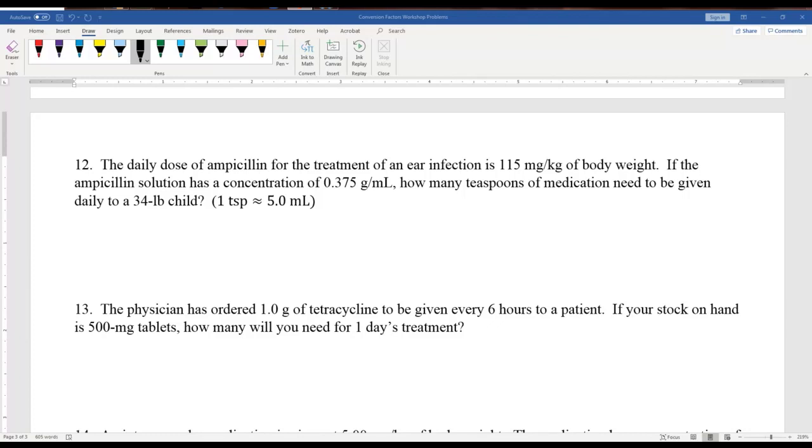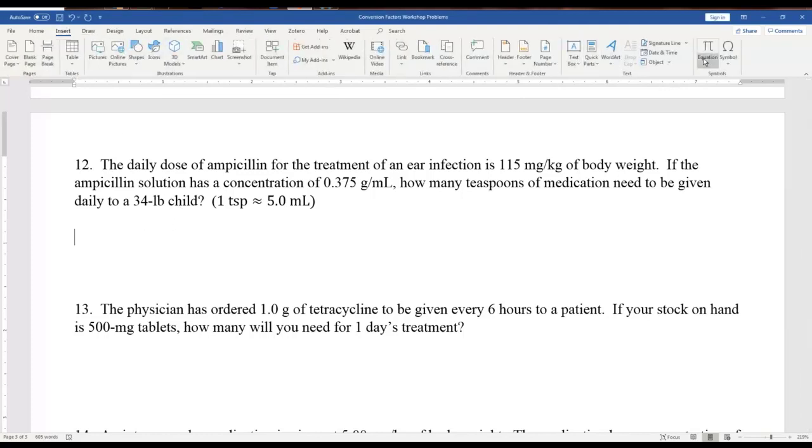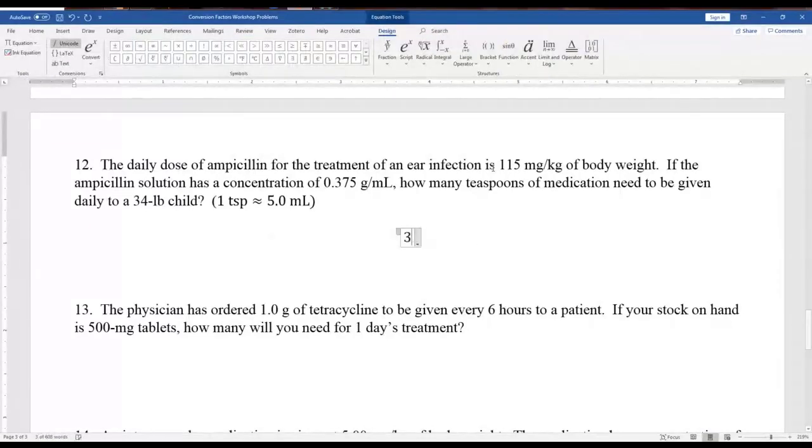I will say this: one could possibly use 115, depending on how you did the rest of them, but it does make more sense to use the 34 pounds. You could start with 115 and get the right answer, but it makes more sense to do the 34 pounds. I'm actually going to show you both ways of solving this. Let's start with the 34 pounds, because that is probably the more straightforward way to approach it.